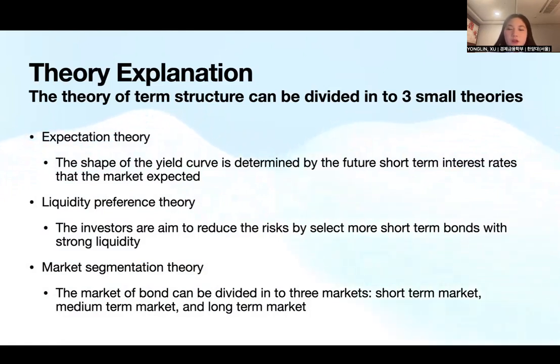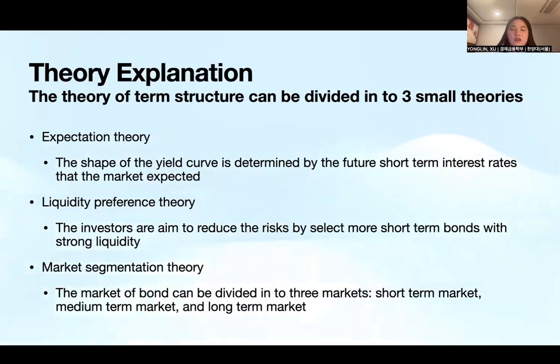And they are rarely affected by each other. So the supply and demand forces of each market are determined by the spot interest rate of bonds in that market. And this is how this theory got its name, the market segmentation theory.